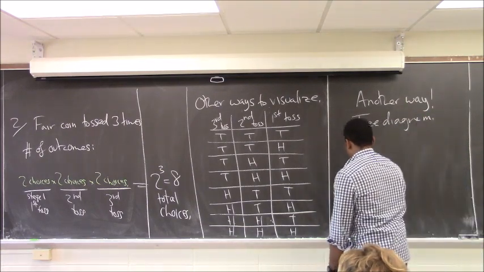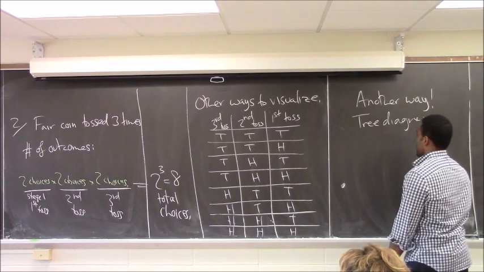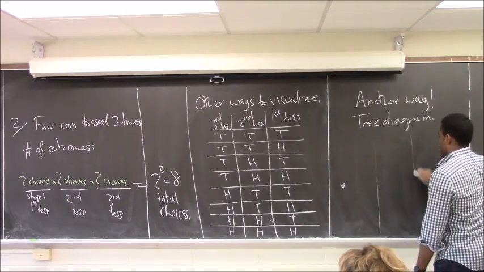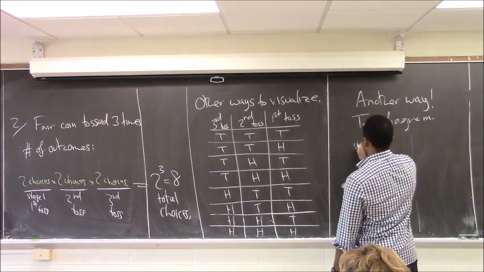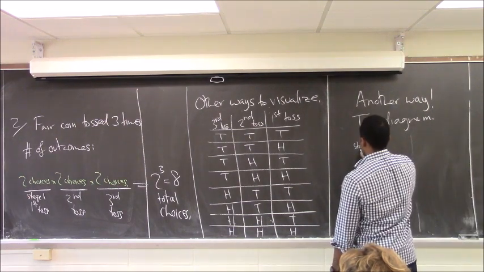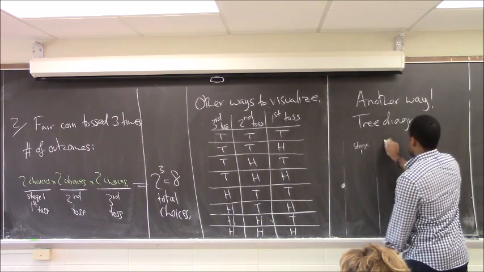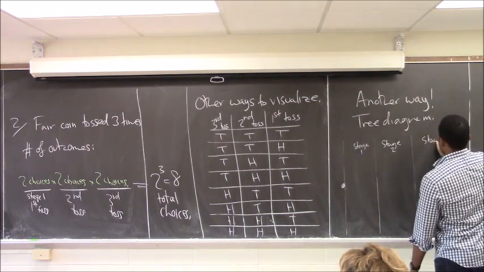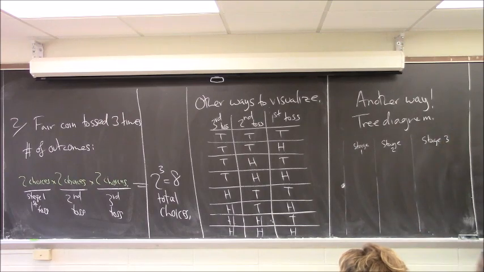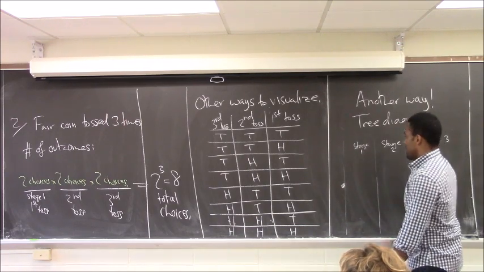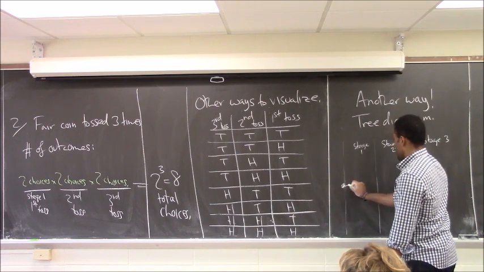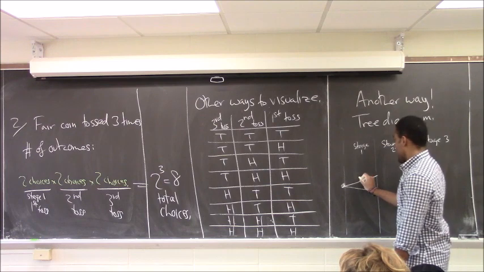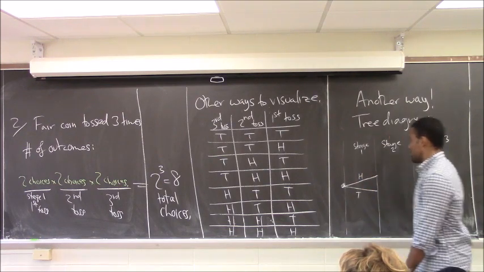Basically, a point represents the beginning of everything, and then you imagine there's a possibility for what's happening in stage 1, a possibility for stage 2, and a possibility for stage 3. Here's how it's going to happen. In stage 1, there are 2 possible outcomes, so it can go this way or that way. You draw a branch to represent an outcome. You can either get heads or tails.